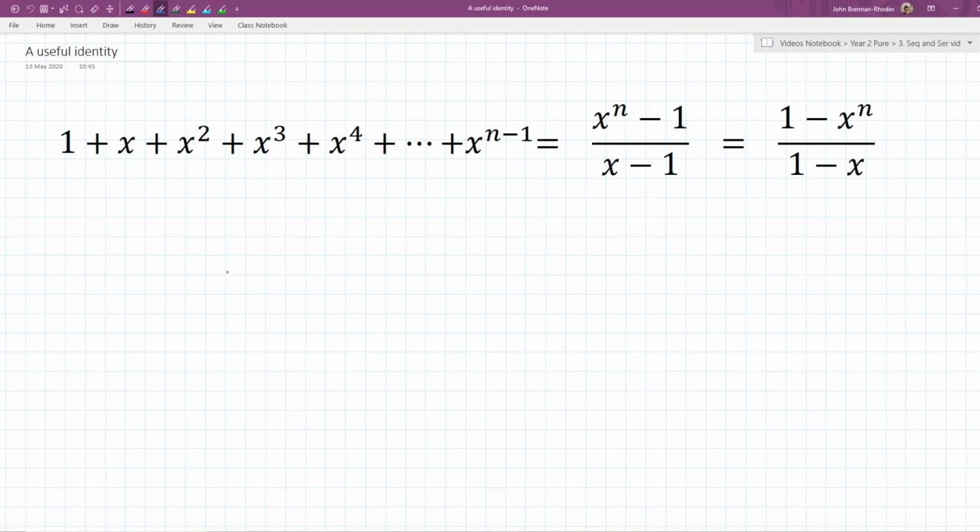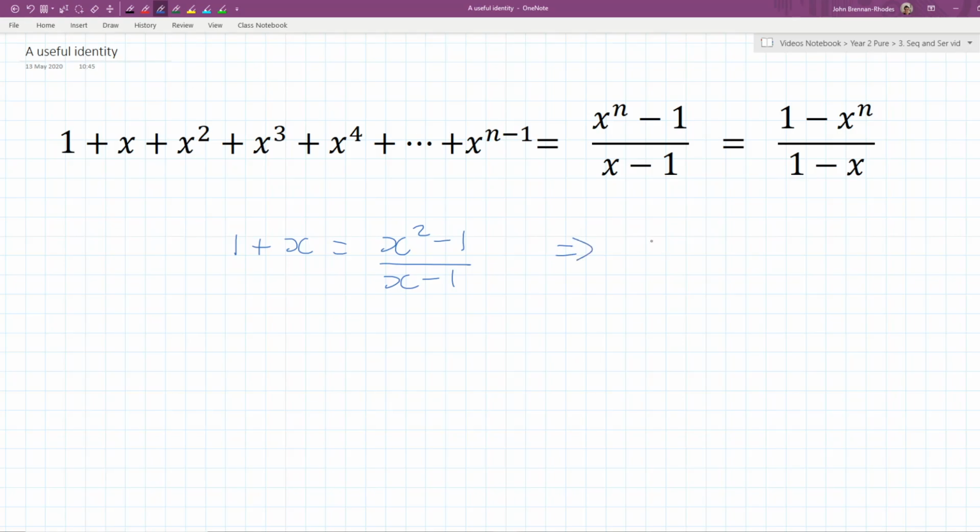It might look a bit daunting, but let me show you a simpler version of it. 1 plus x is equal to (x squared minus 1) over (x minus 1).